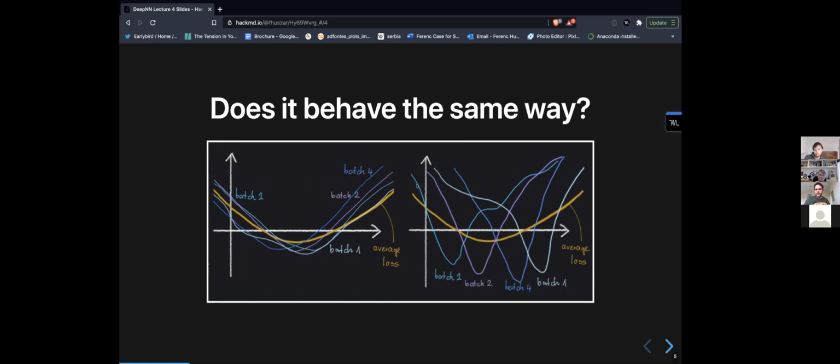If I try to run stochastic gradient descent around this region, depending on which one of these batches I am evaluating, some of these batches, like this one and this one, are going to send me to the right, with a rather large gradient. If I look at this or this curve, in the purple region I would probably be around this minimum, but this blue curve would send me in the complete opposite direction to the left.